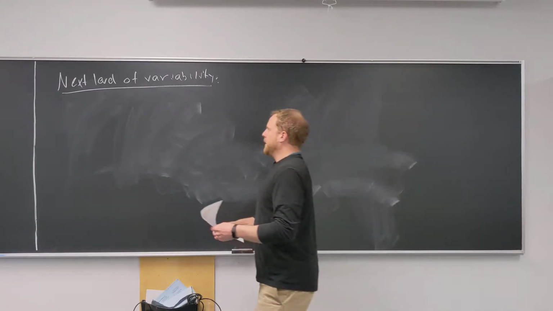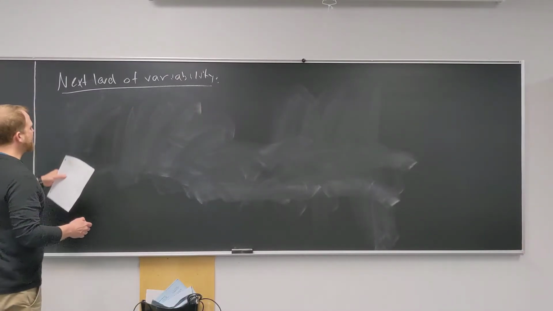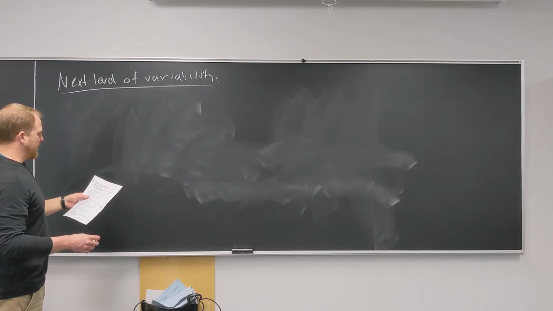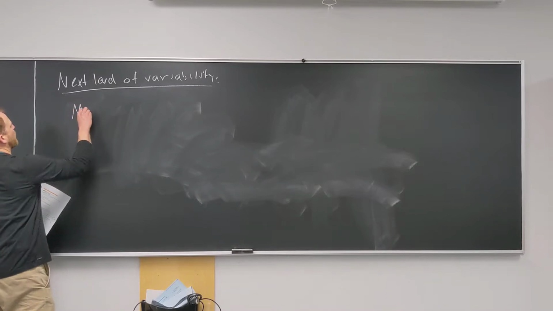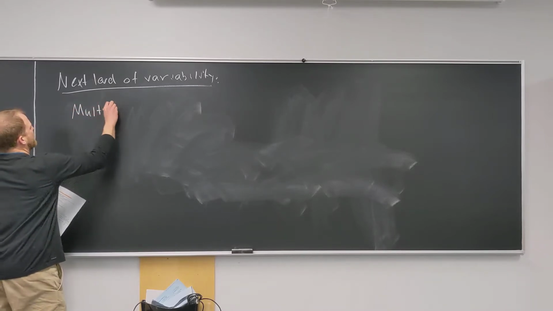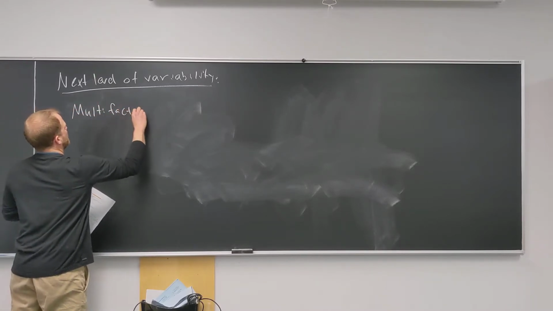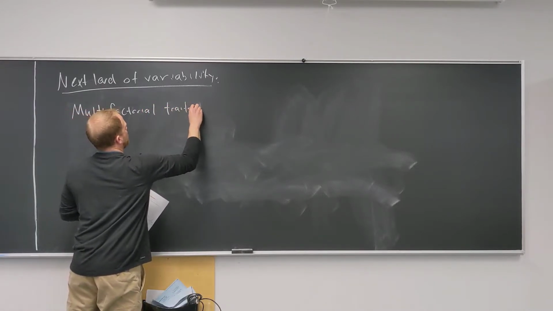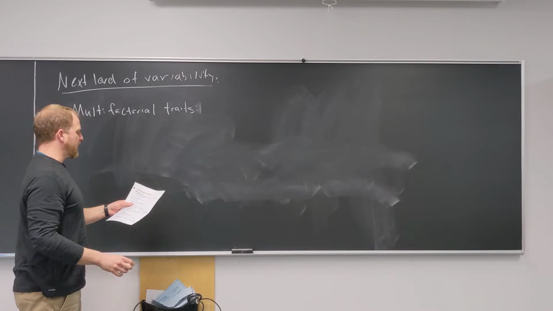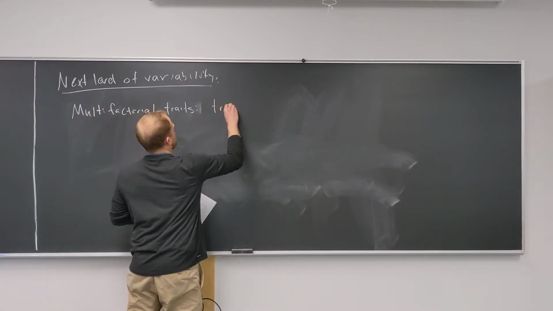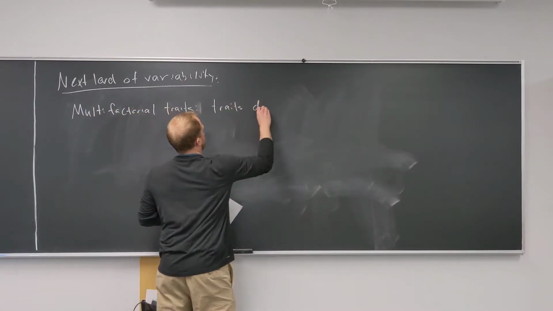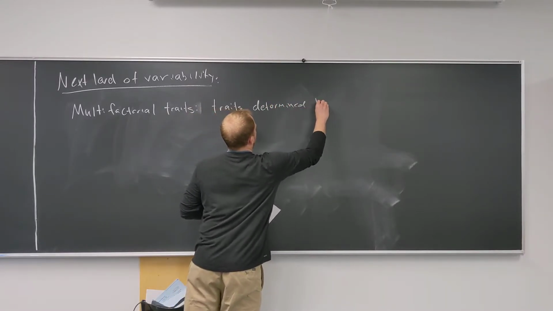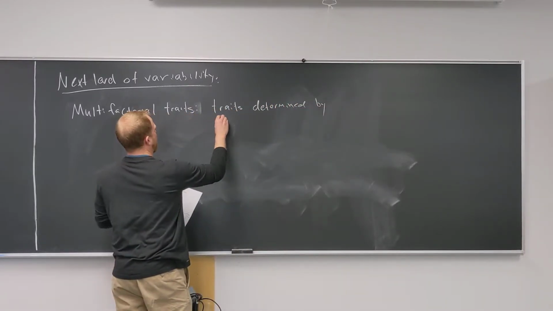Okay, and so this next level of variability is going to be determined by traits that are known as multifactorial traits. So multifactorial traits are very simply traits determined by several factors.